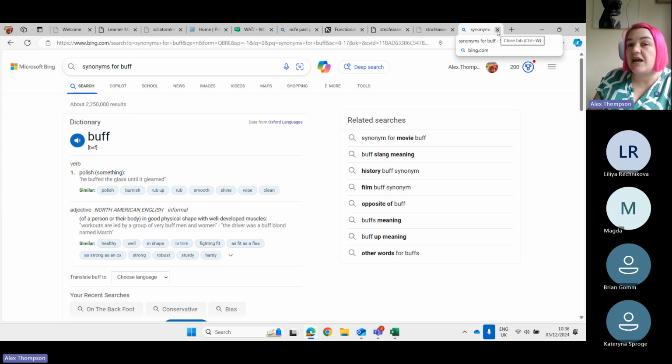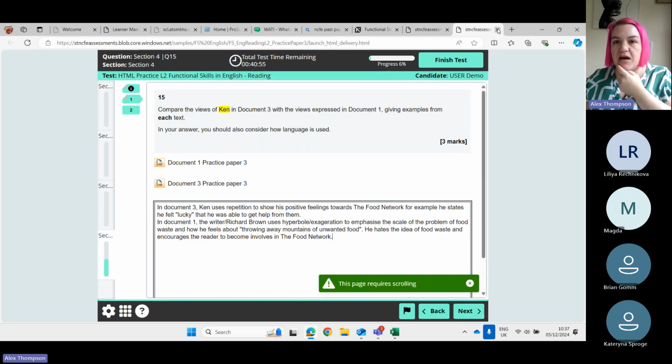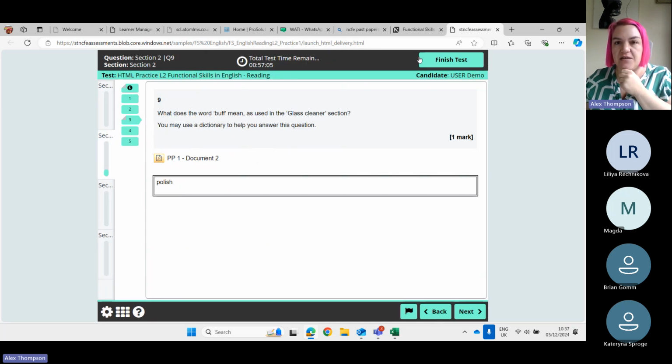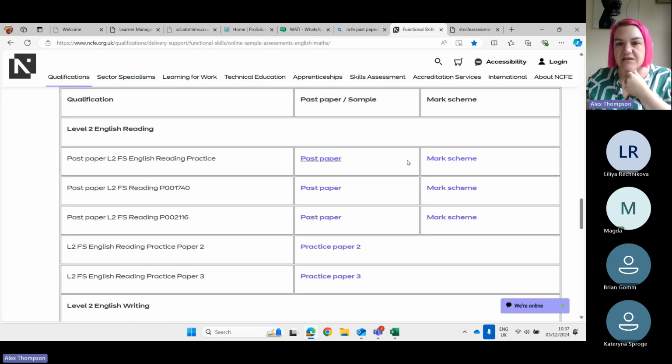So even if you don't have a dictionary, you can still use your life experience, your knowledge of the world and everything in it to see if you can find an alternative word. It doesn't have to be 100% precise. And in the exam mark scheme, it will often use the phrase alternative wordings can be accepted.